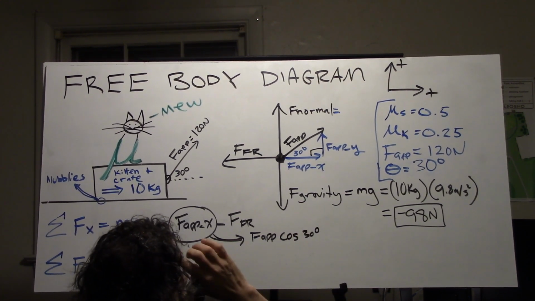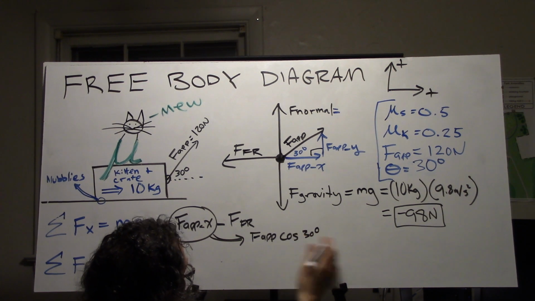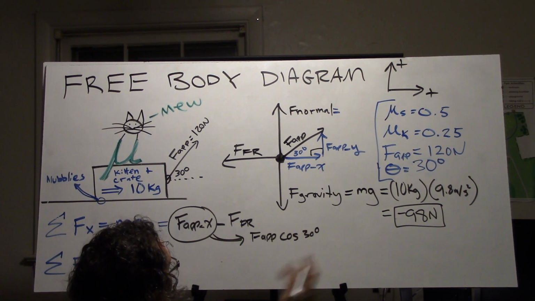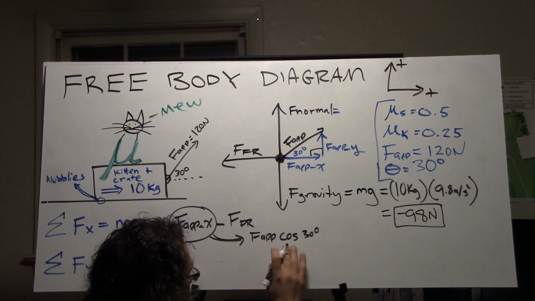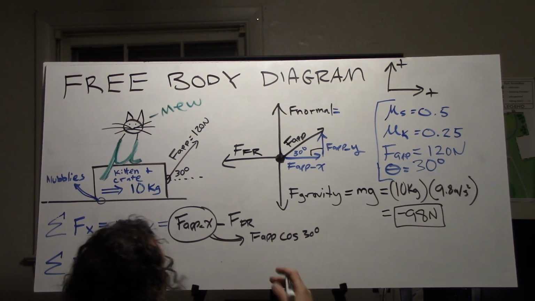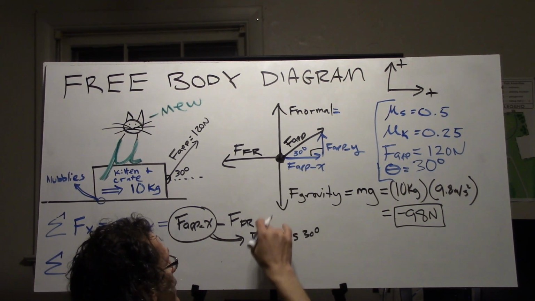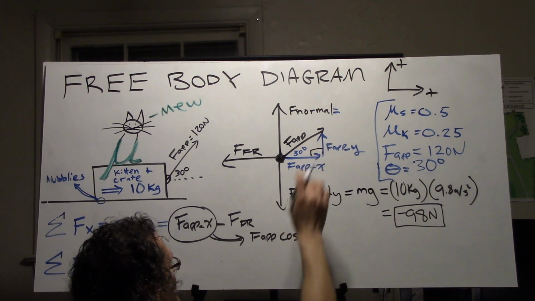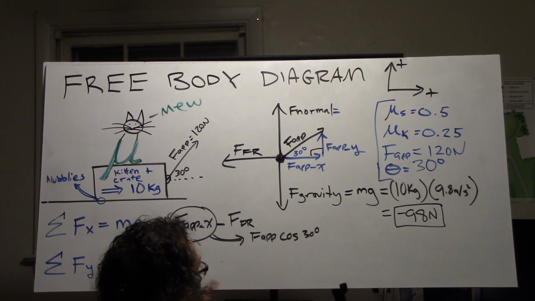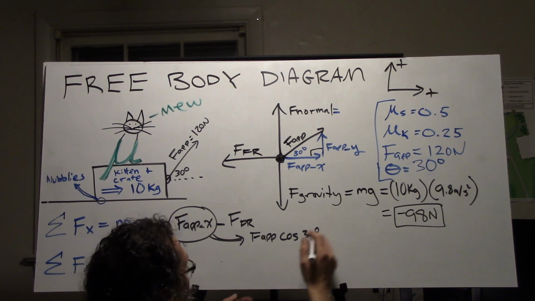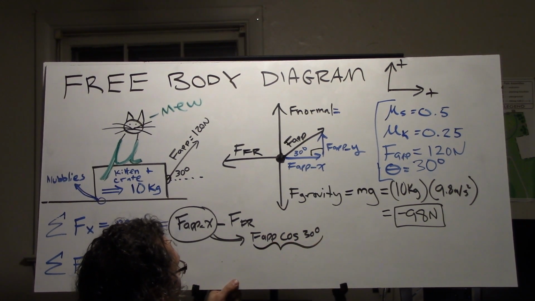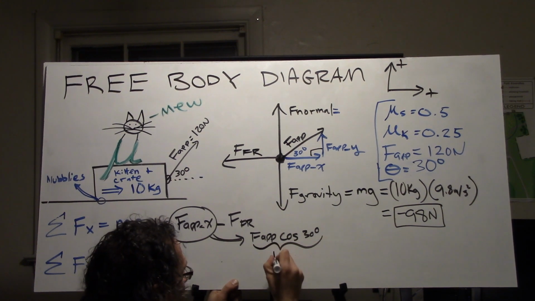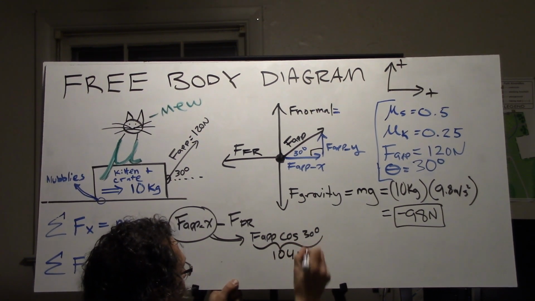All right, so that makes it a little bit less, okay? How much is it? Well, cosine of 30 degrees is actually 0.5 if you type that into your calculator. And so really the amount of, no, sorry, it's not 0.5, that's the opposite side. It's something else, like 0.866 or something like that. So again, if I take 120 times cosine of 30 degrees, actually it's about 104 newtons.